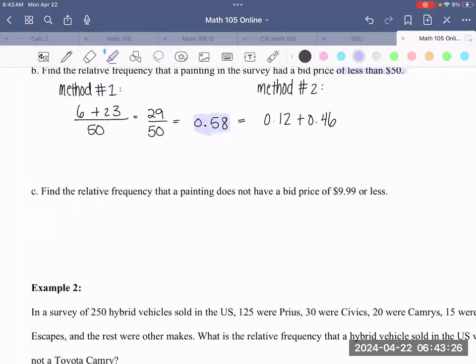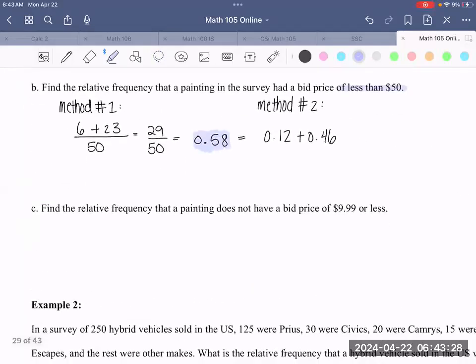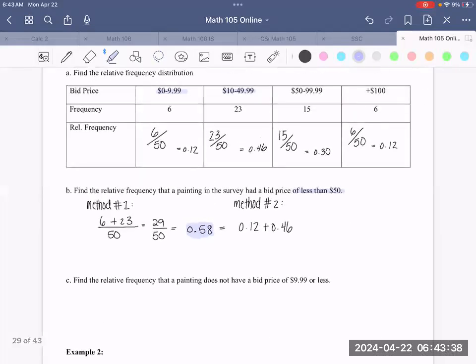All right, let's do another one. It says, find the relative frequency that a painting does not have a bid price of $9.99 or less. Again, we can do this one of two ways. Now, if you haven't paused the video yet, definitely do it right here, right now. So if we're looking for not a bid price of $9.99 or less, we're looking at this one, and this one.